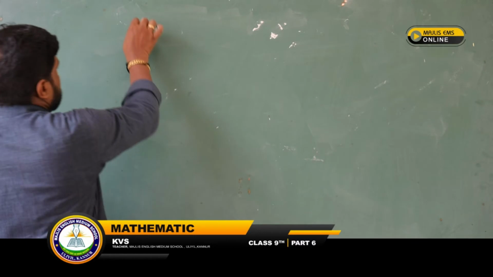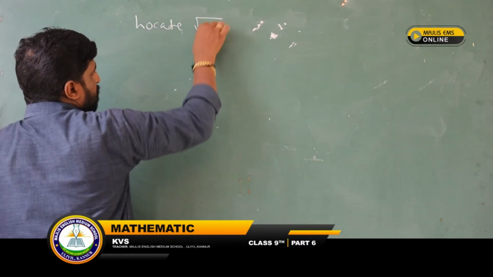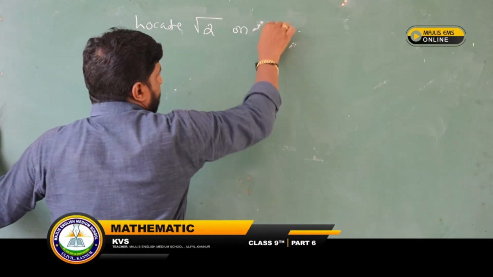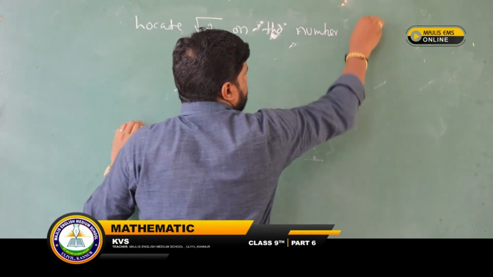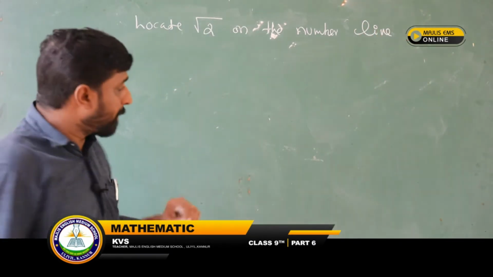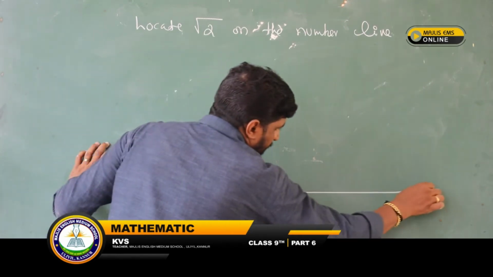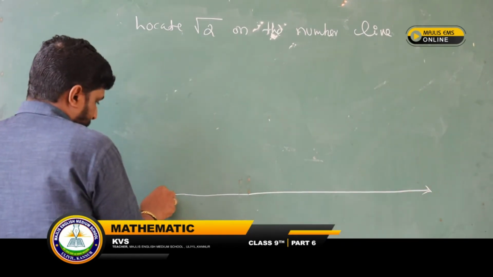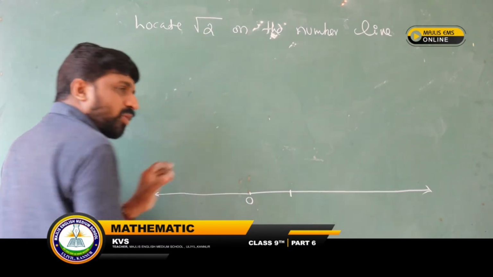First we can locate root 2 on the number line. Suppose this is considered as the number line. Between 0 and 1, I can take 1 unit, not 1 centimeter.